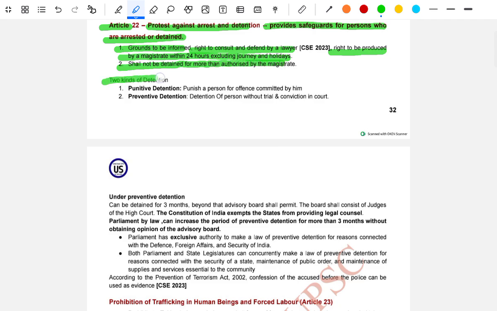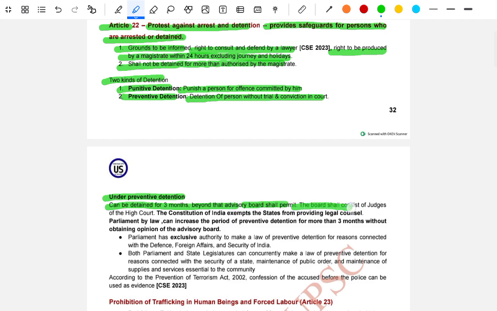There are two kinds of detention. First, punitive detention, which punishes a person for an offense committed by him. Second, preventive detention, which is detention of a person without trial and conviction in court. Under preventive detention, a person can be detained for 3 months, beyond which an advisory board shall be consulted.